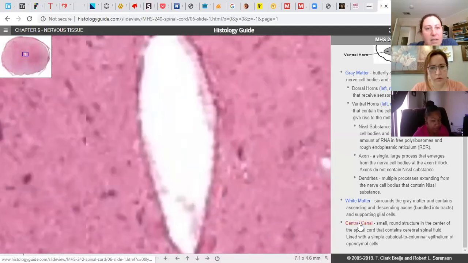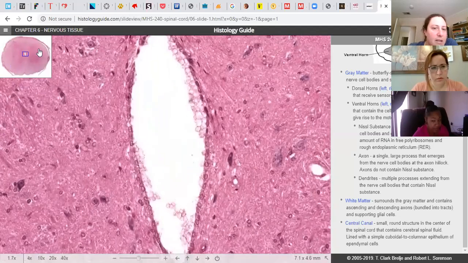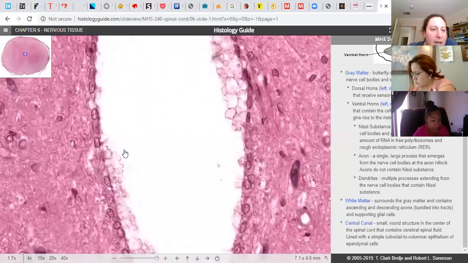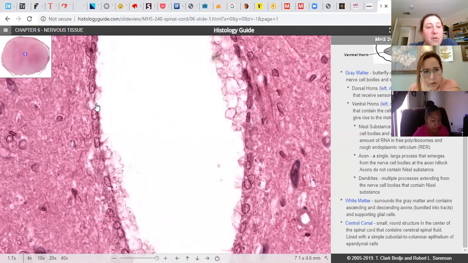The other thing here is the central canal. The central canal is where the cerebrospinal fluid runs right down the middle, and it is lined with ependymal cells, which makes it one of my favorite structures, because ependymal cells are really the only glial cells in the central nervous system that you can easily identify.